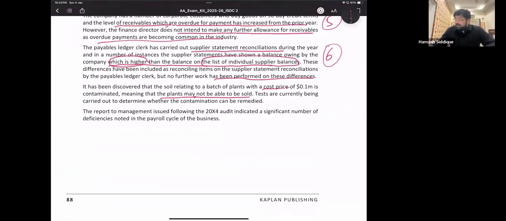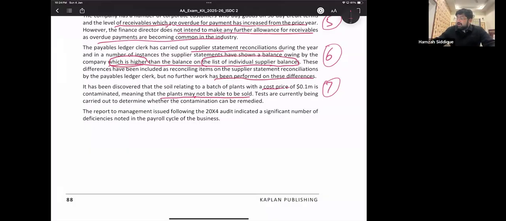Tests are currently being carried out to determine whether the contamination can be remedied. Now this is again inventory valuation, contamination of inventory, repetition of the points. So contaminated inventory may not be saleable at the same price, and may need to be scrapped.